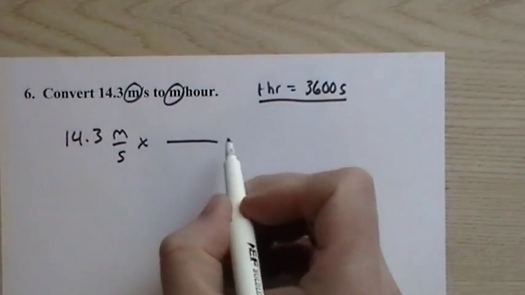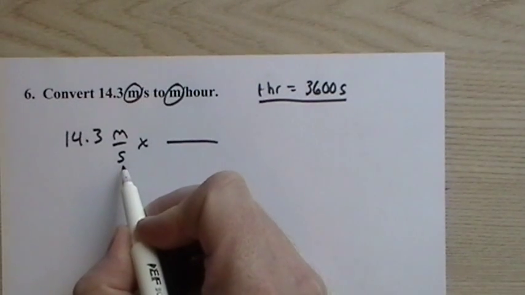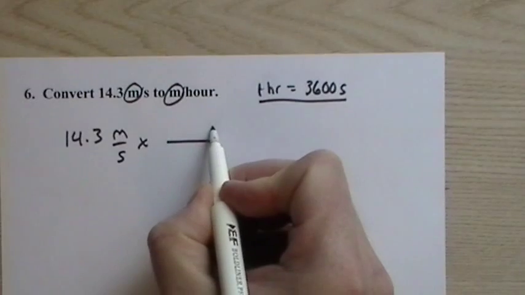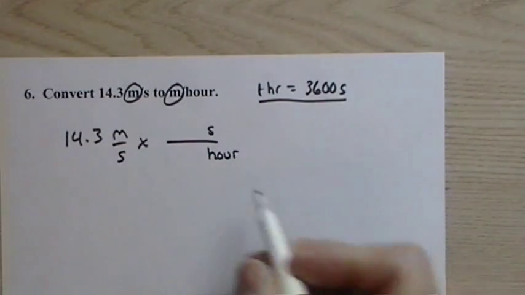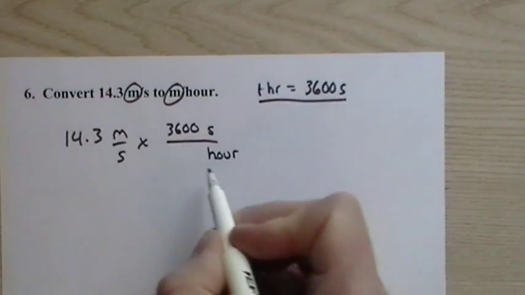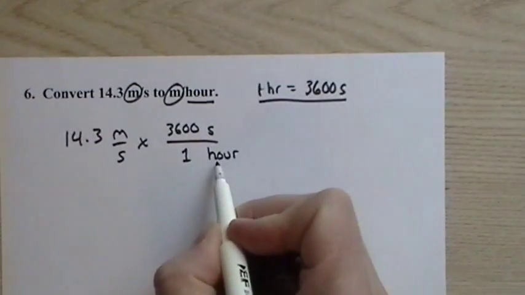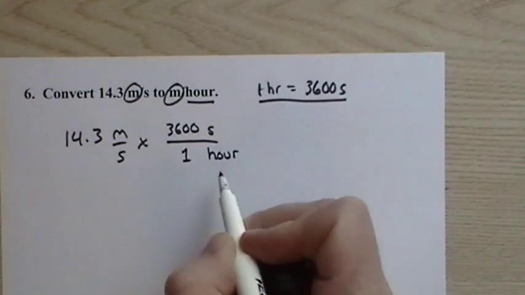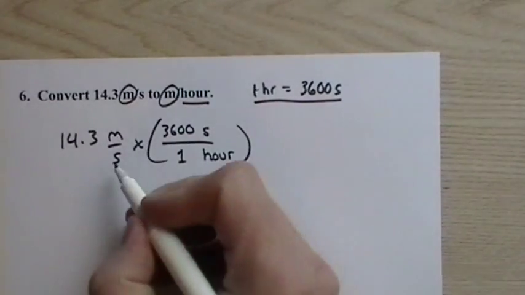So we're trying to get rid of seconds, but notice seconds is on the bottom. It's in the denominator this time, so we have to have seconds up here, and then it's hours in the bottom, so this would be 3,600 seconds, 1 hour. And since I put hour, I wrote out the word down here, but HR will do fine, and in some cases, just H will do for the unit of hour.